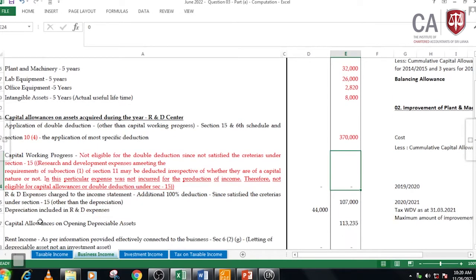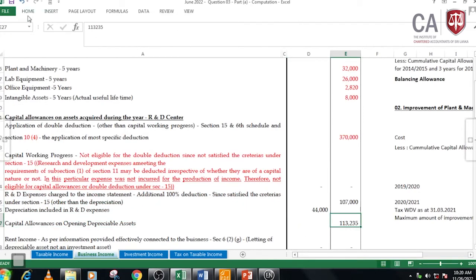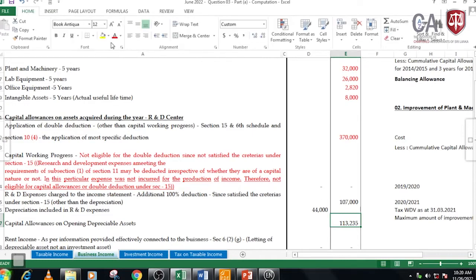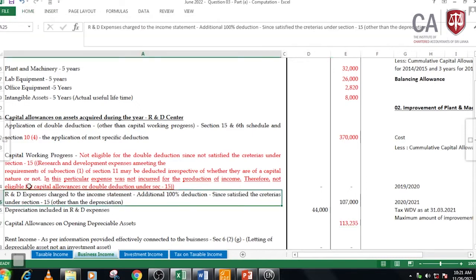Then the capital allowances on opening depreciable asset, that amount we need to deduct. And when it comes to, as I have explained previously, R&D expenses charged to the income statement, it's qualifying the conditions of section 15, then additional 100% deduction since satisfying the criteria under section 15 other than the depreciation.